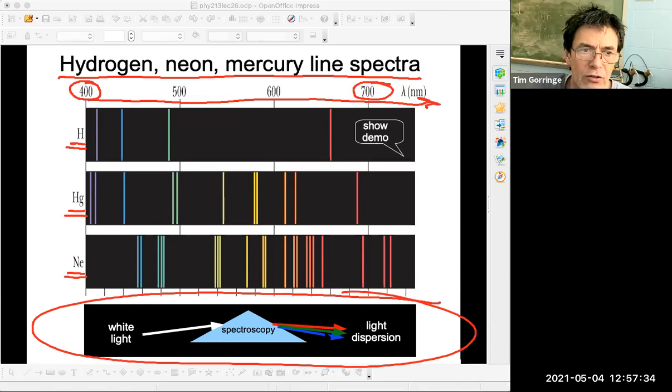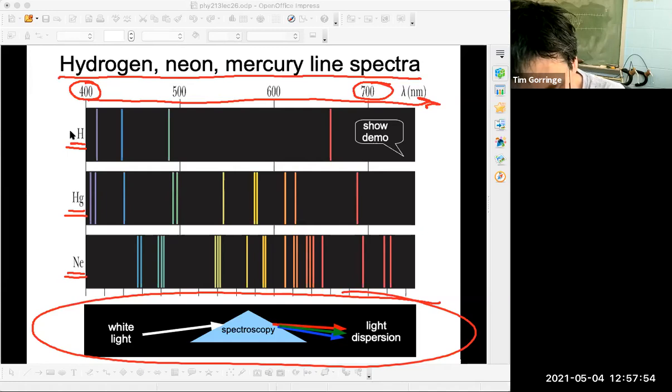Or you could use things we've talked about in earlier classes when we talked about optics and the wave nature of light. You could use diffraction, for example, or interference, to measure the different wavelengths, colors, frequencies of light. But these are the results for hydrogen upstairs, mercury in the middle, and neon at the bottom.